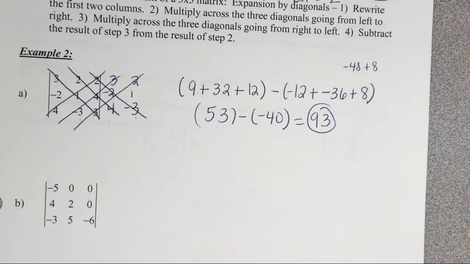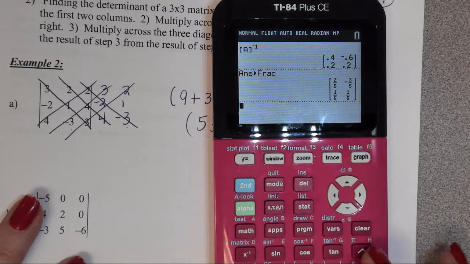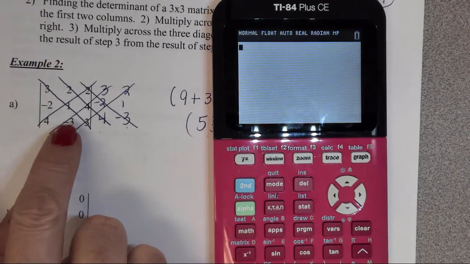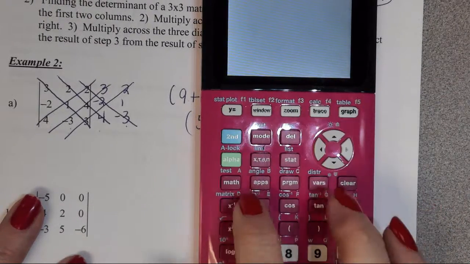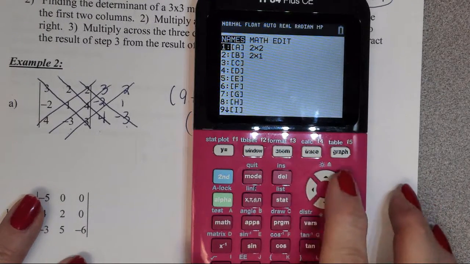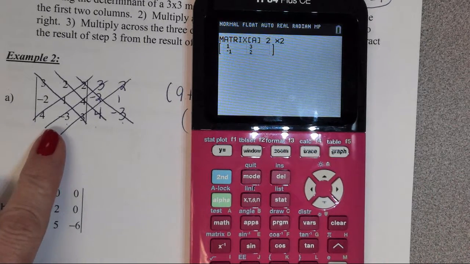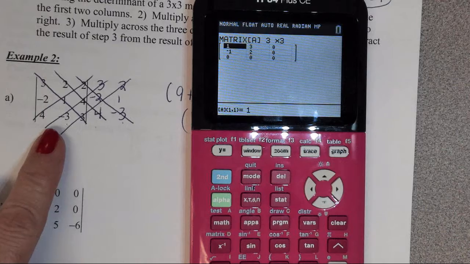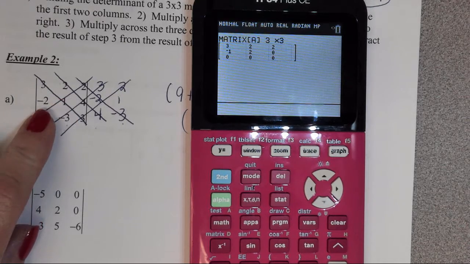I mean, it wasn't that difficult, but watch how we can do this on the calculator. If we have a big matrix like this to find the determinant of, we might just want to go to Matrix, second, go to Matrix, go over to Edit, Enter, and this would be a 3 by 3 matrix. I'm putting in my numbers, 3, 2, 2, negative 2, 1, 4.